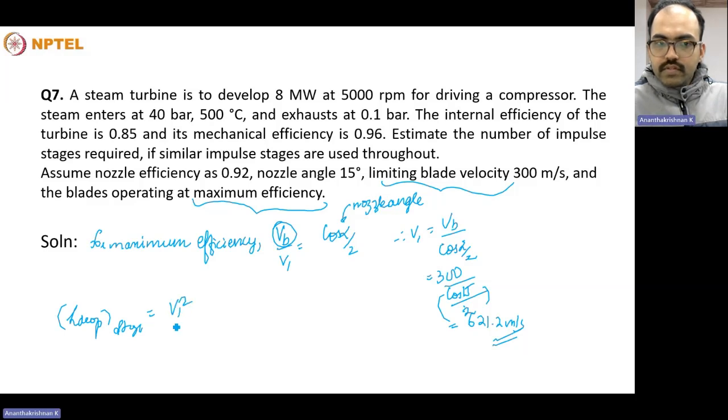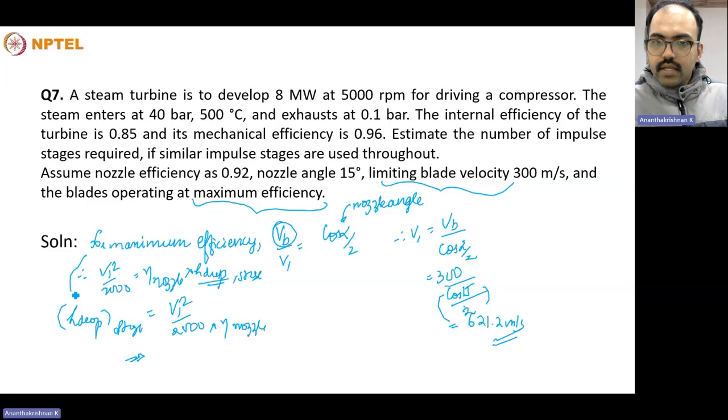So that will be V1 square divided by 2000 into eta nozzle. So what we could write is that V1 square divided by 2000 equal to eta nozzle efficiency multiplied by enthalpy drop per stage.